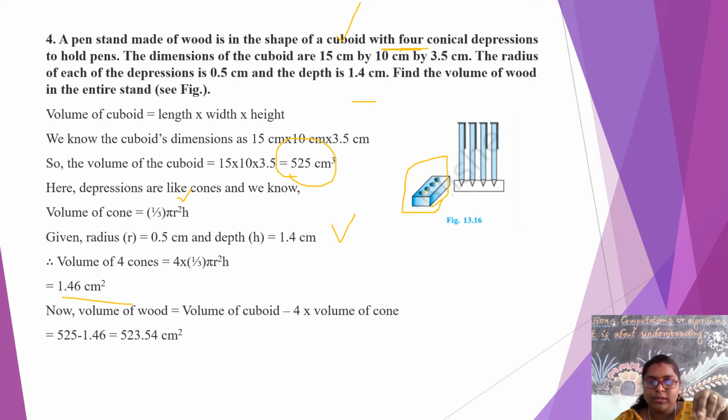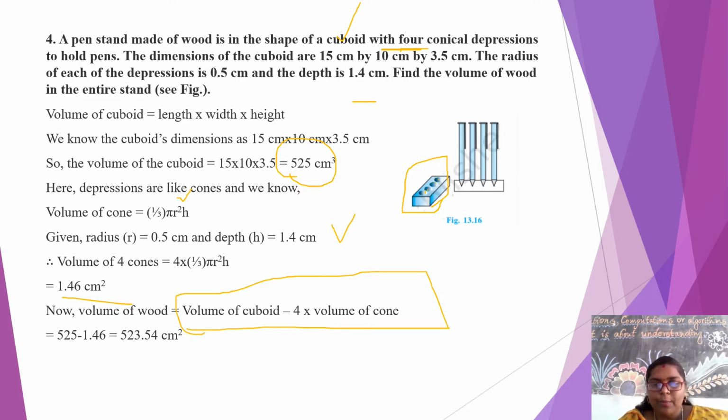So they removed the cone shape from the cuboid, isn't it? Simple. See, I am having one cuboid wooden box, in that I am going to place my pen. According to my pen tip, like a cone, they removed the space from the cuboid. So we have to remove the volume of the cone from the volume of the cuboid. You should not add.